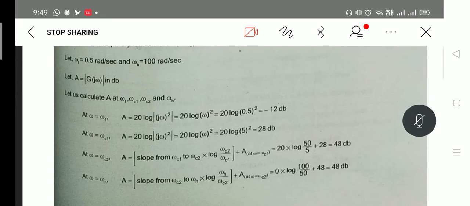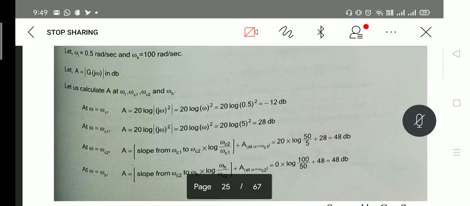Why? Because that is the first term. Starting term is j omega square, so I substitute omega square: 20 log omega square. J square will be minus 1, so in modulus it is plus, so 20 log omega square.